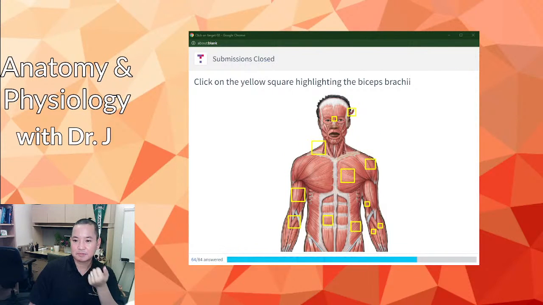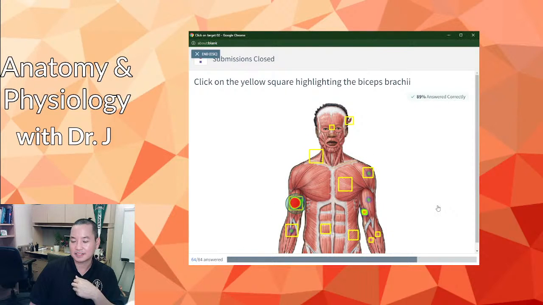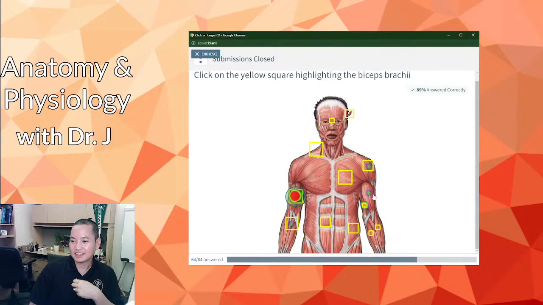Okay, so biceps brachii, brachial referring to the arm. So you know it's somewhere on the arm, right? But where do we find a muscle on the arm with two heads? Yep, most of you clicked here and most of you are correct. That's the biceps brachii. This is why I have those squares, because I'm only allowed to have one correct answer for this type of Top Hat format. So this is why: click on the yellow square.